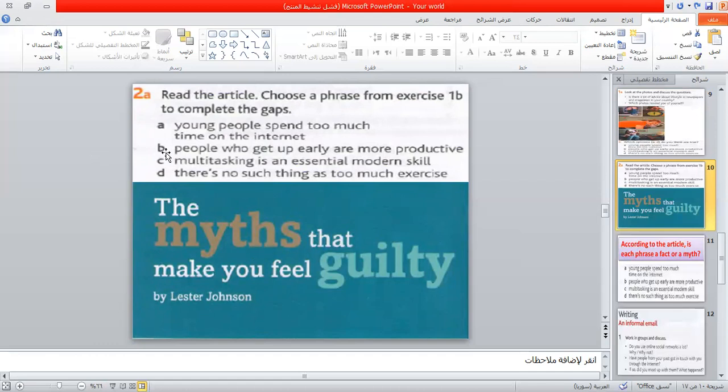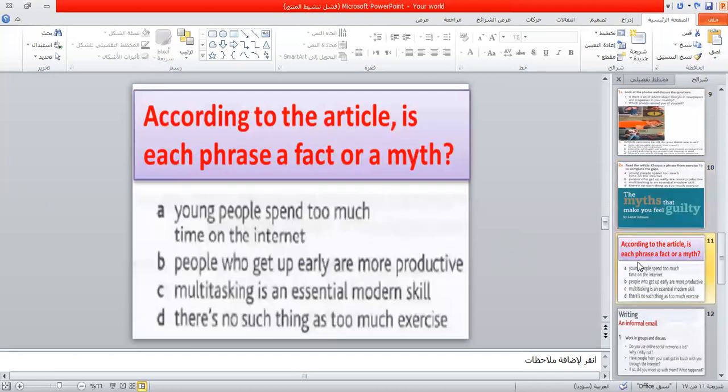Then we will do the first exercise, which is choosing a phrase from here to complete 4 gaps in the article. So after skimming, they will be able somehow to complete the gaps using these 4 phrases. We will check their answers and move on to the next slide.